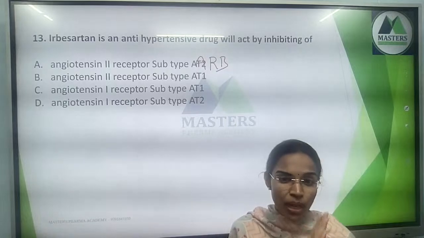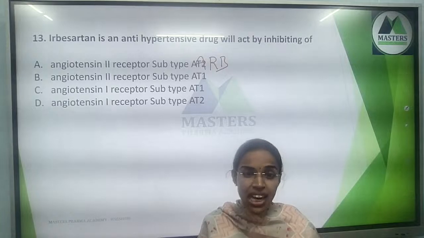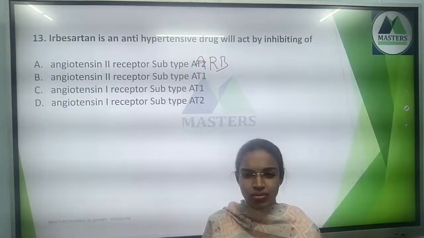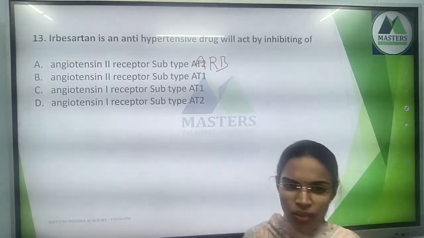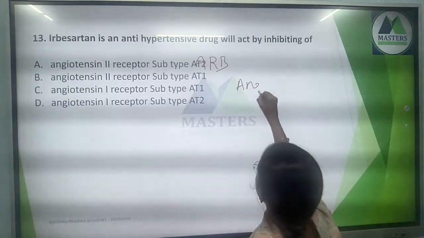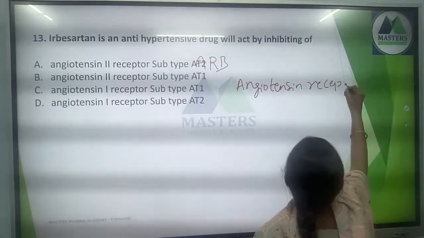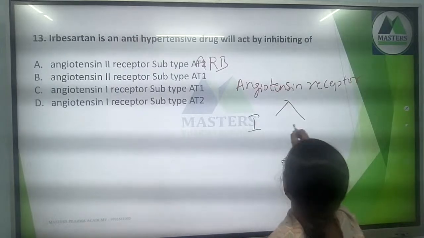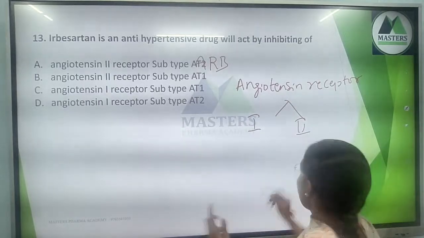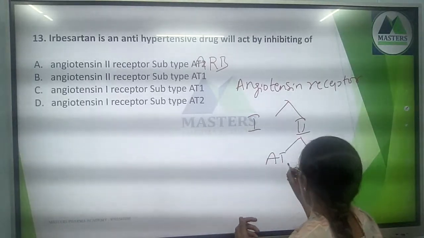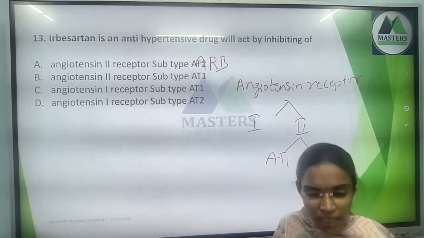Irbesartan, to which class does it belong? It is an angiotensin receptor blocker. Which type of receptor, angiotensin receptor 1 or 2? Angiotensin receptors are of 2 types, type 1 and type 2, and type 2 is again divided into B1 and B2.